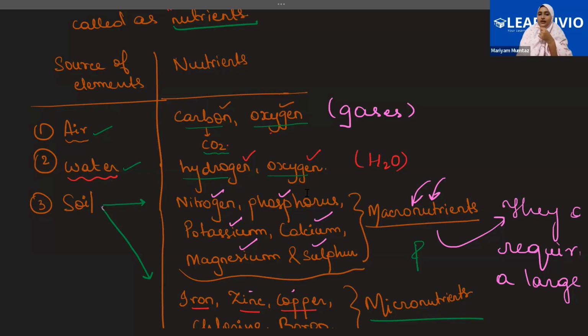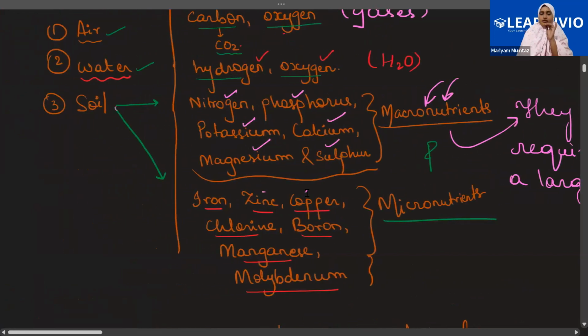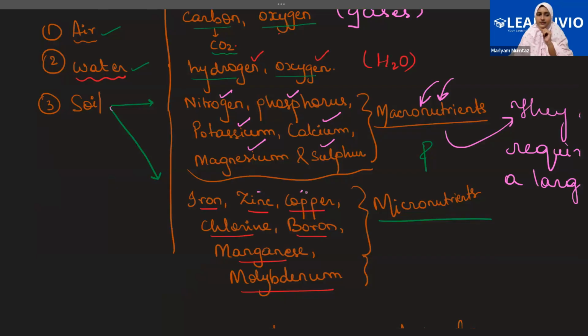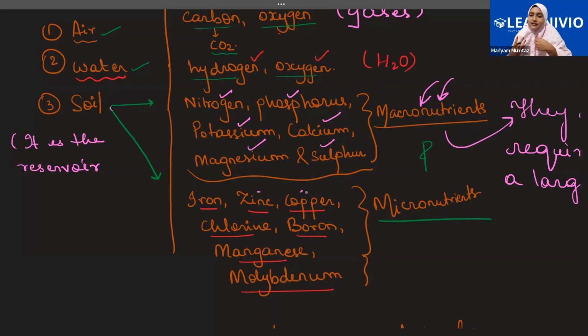Lastly comes the soil. The soil is the reservoir of all the nutrients. Do you know the meaning of reservoir, students? It stores them. Reservoir means a collection of every single possible nutrient that the plant requires.